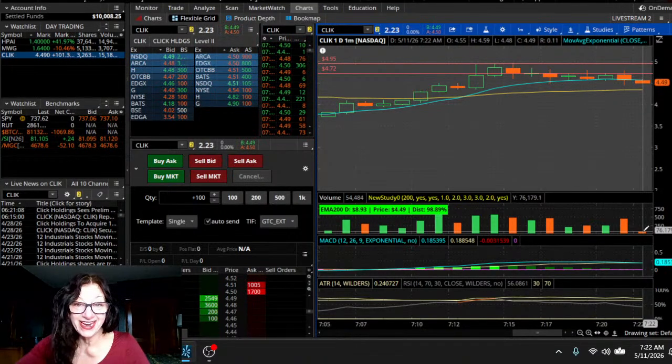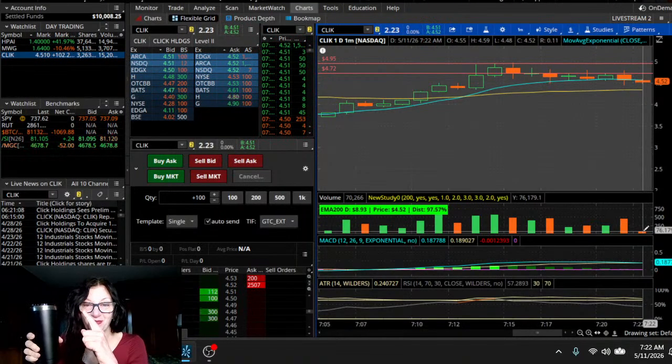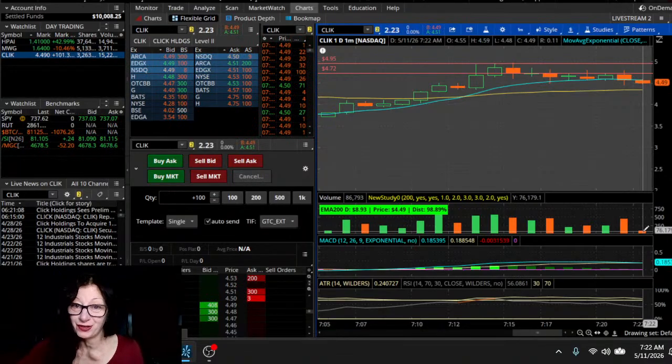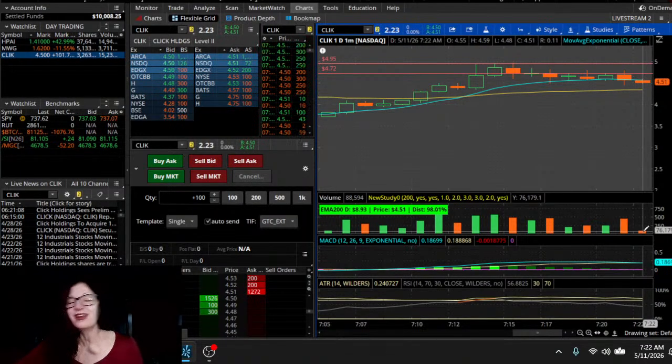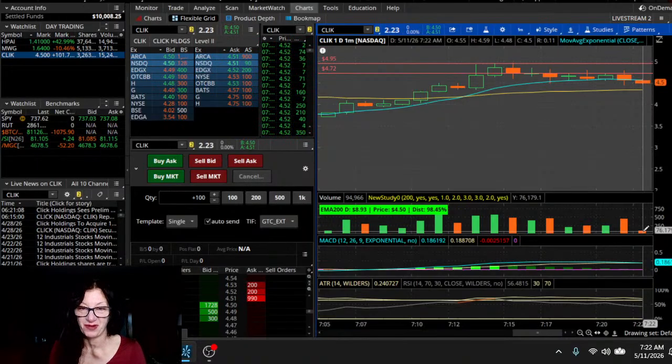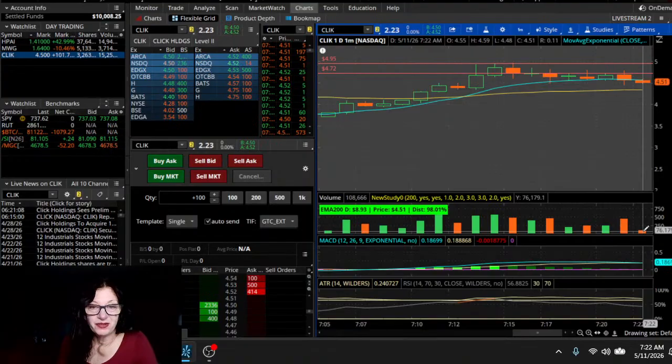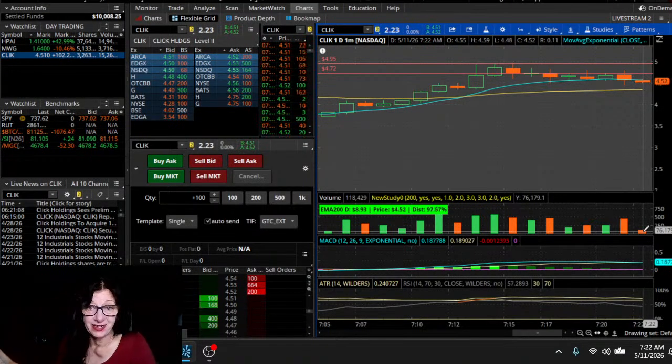I quit caffeine. This is rooibos chai. I quit caffeine in early February. There was a lot of crying that week. I don't even want to look at my P&L from that week, to be honest. But I felt like I was just having anxiety from 30 years of caffeine addiction.